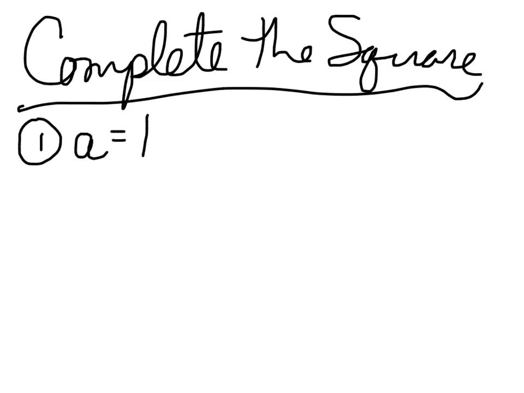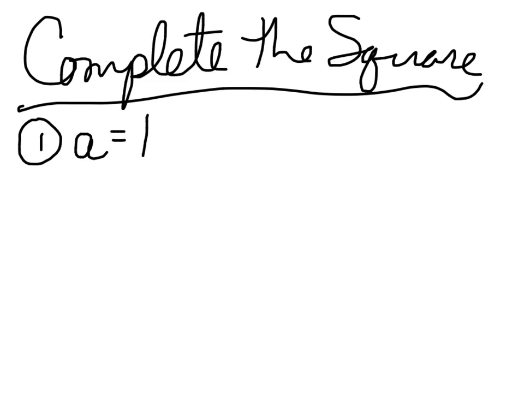What number is the a? Where is it in the problem, I'm asking? It's in front of the x squared. Okay? That's where it is. It's the number in front of the x squared. We had that last chapter. A has to be 1. If it's not a 1, then it's no good. Then what you do is you divide everything by that number.